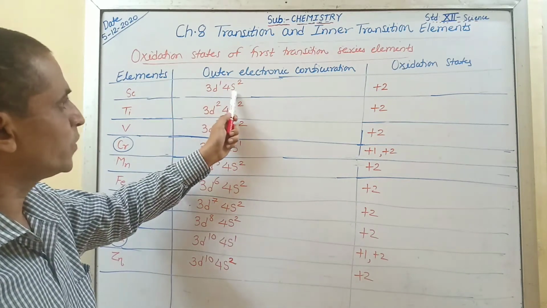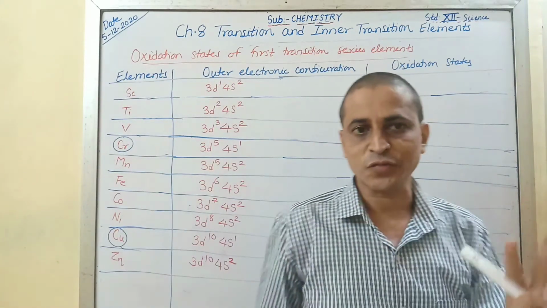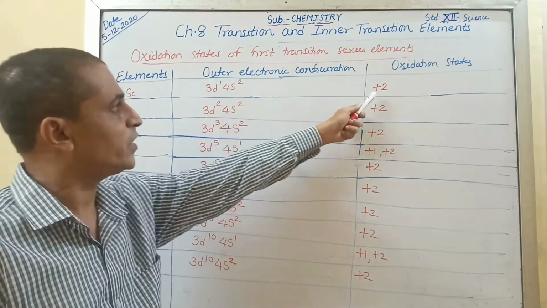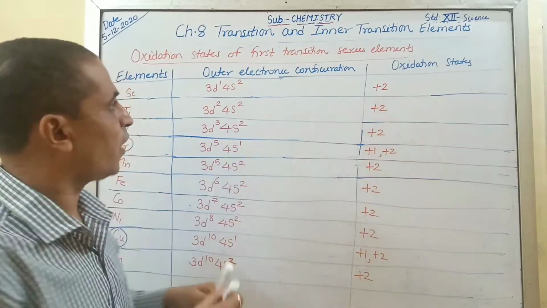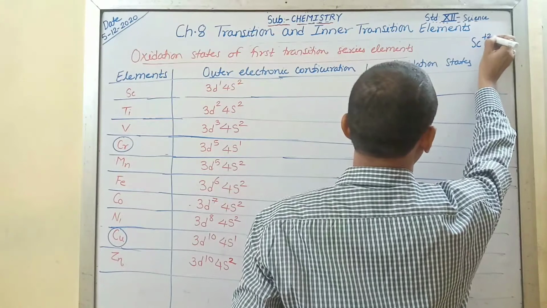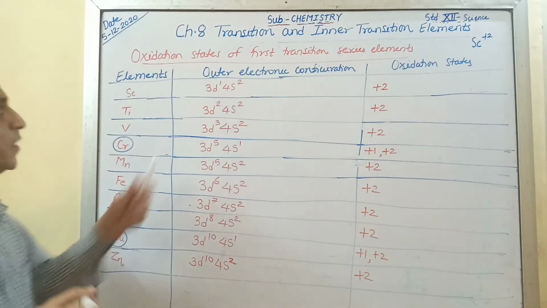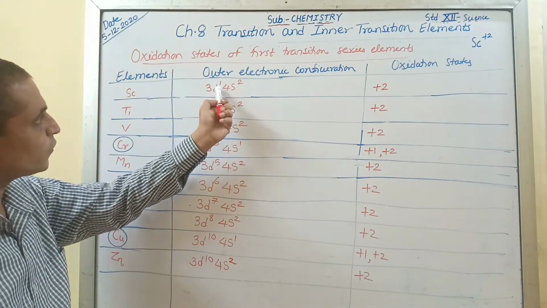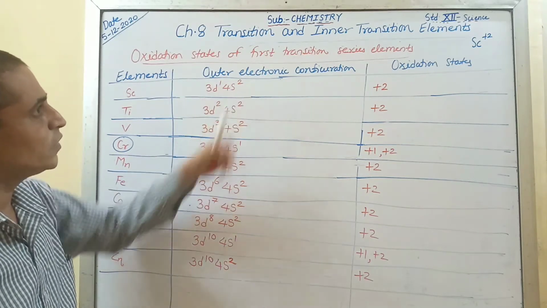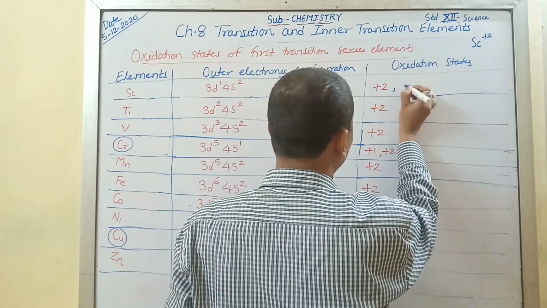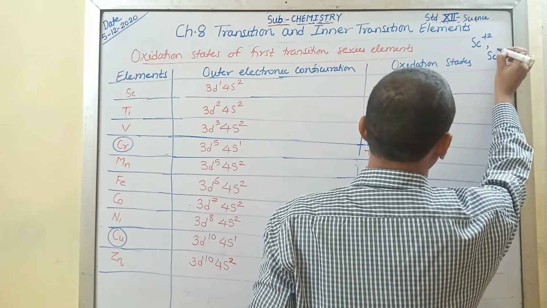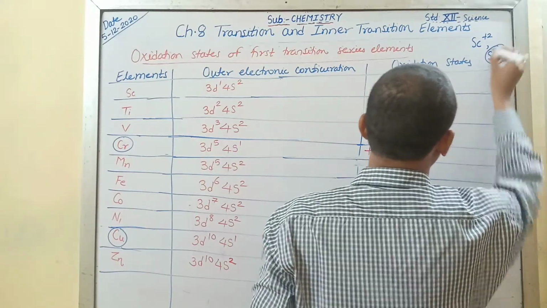3d1 4s2. When 2 electrons from the 4s orbital are lost, we get +2 oxidation state, and the ion form is Sc2+. If one electron from the 3d subshell is also lost, you get +3 oxidation state, and scandium becomes Sc3+, and it is more stable.